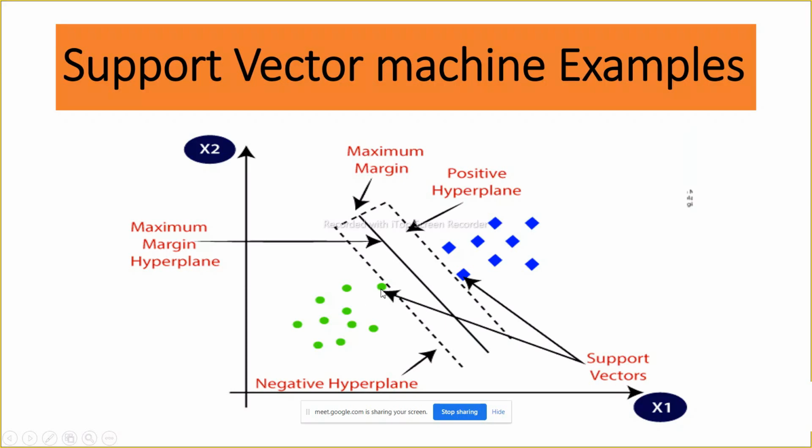So these are support vectors, and we also draw the hyperplane. This is my decision boundary, and from this pixel value, this is the minimum distance from the decision boundary. Also from this other pixel value, this is the minimum distance from the decision boundary.